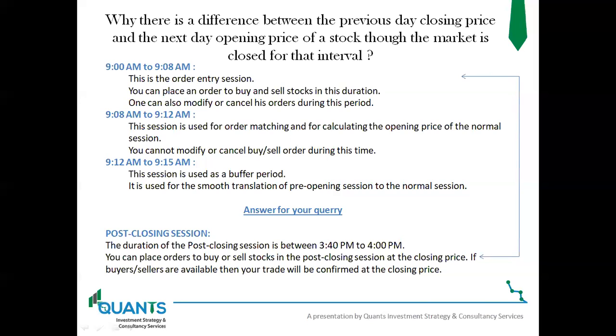Assuming the market closed at 100 rupees for a particular stock, you can place an order at 100 rupees or 99.5 or 100.50, only this difference, provided there are buyers and sellers. If so, your order gets confirmed, but it will not get executed. It gets executed in the morning session after normal hours.